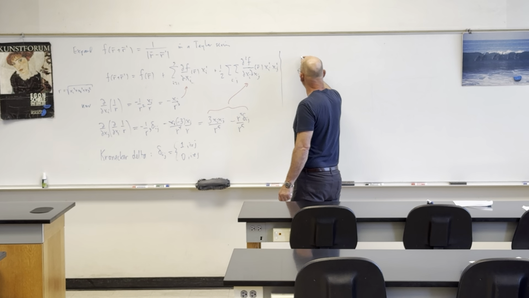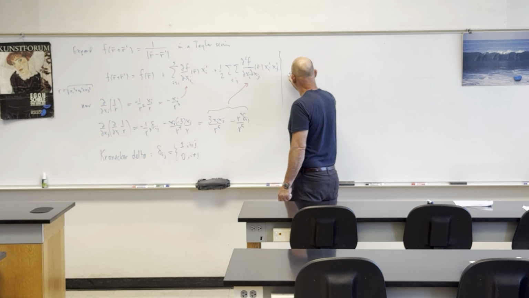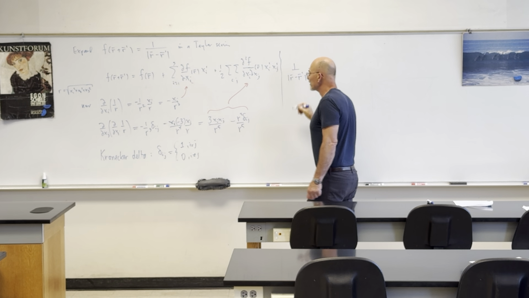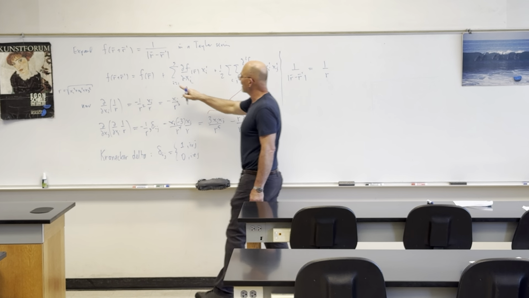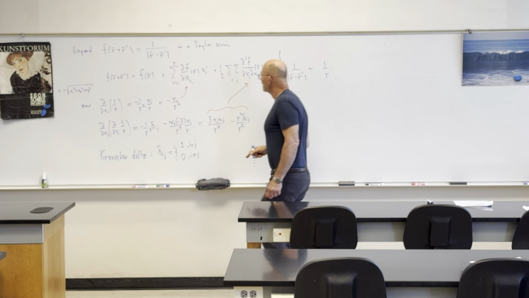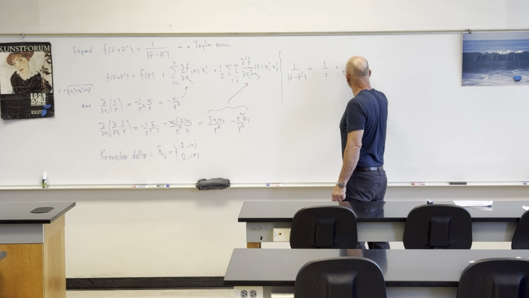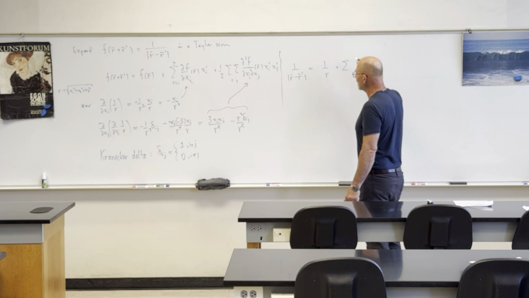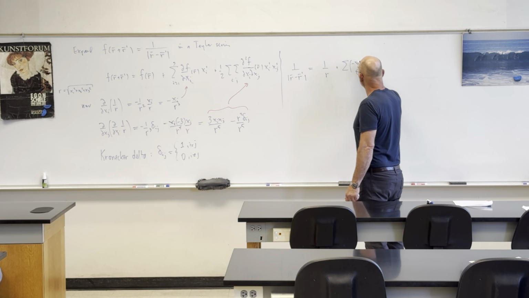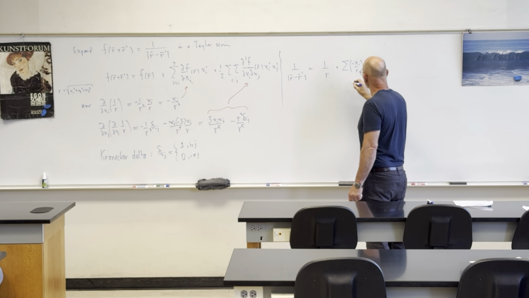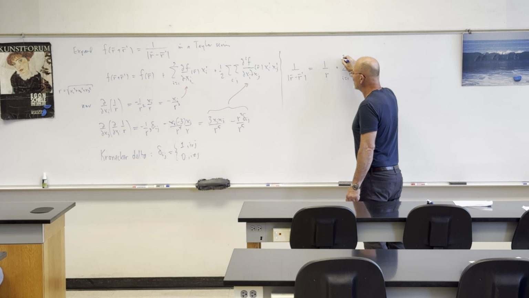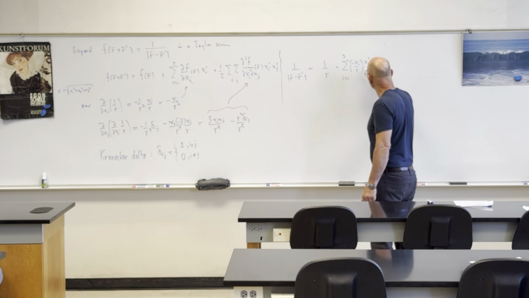So now we have 1 over |r minus r prime| equals, first term is just 1 over r, right? r prime is 0. Second one is plus the sum over negative x_i over r cubed, those are our derivatives, times x_i prime.